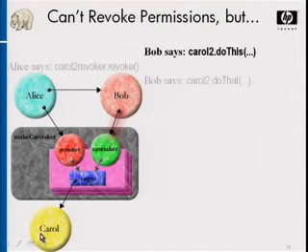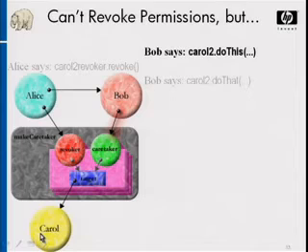So, from a permissions-based analysis, everyone who said capabilities cannot revoke access is right: capabilities, in fact, cannot revoke permission. The permission Bob has been given is permission to invoke the caretaker.